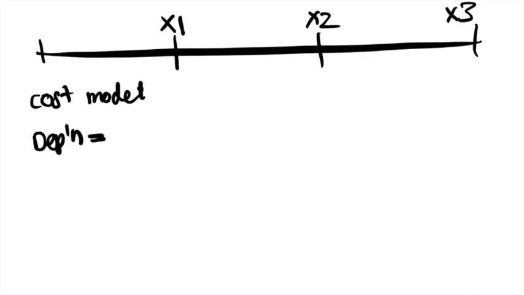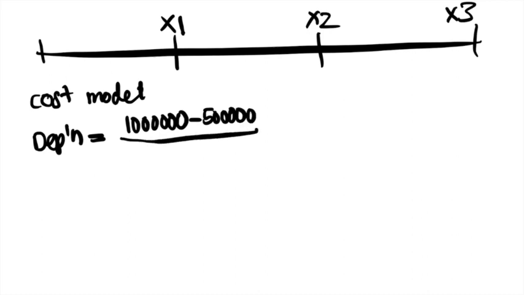The question told us that the cost of the property was 1 million. It had a residual value of 500,000. It was depreciated in a straight line over 20 years. So that gives us a depreciation of 25,000 per annum.